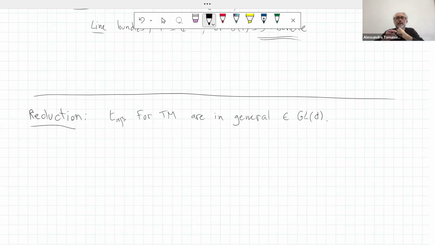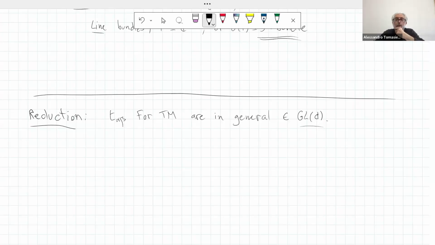But sometimes we can actually show, on certain manifolds, that they are valued in a smaller space. And that's called a reduction of the bundle. We could very well encounter a situation where they are valued in a smaller group.